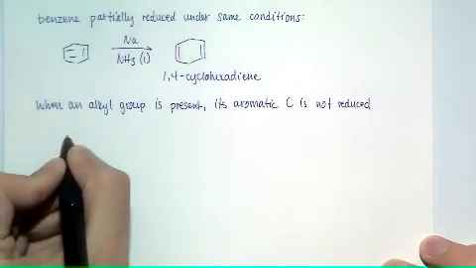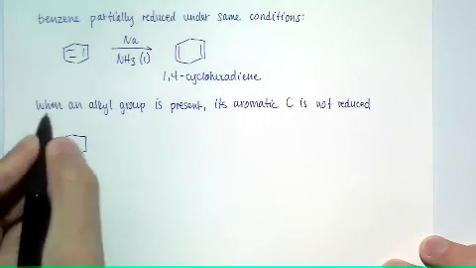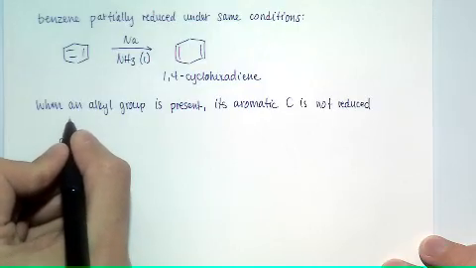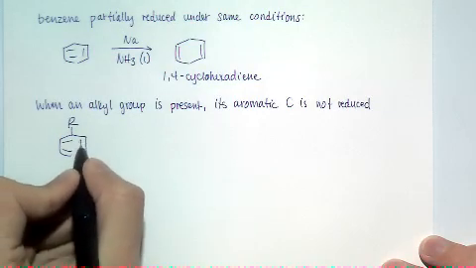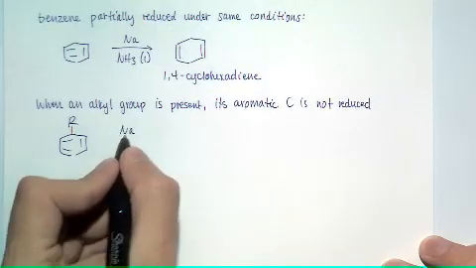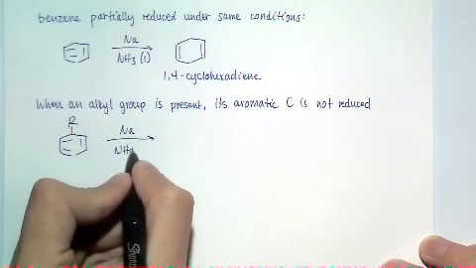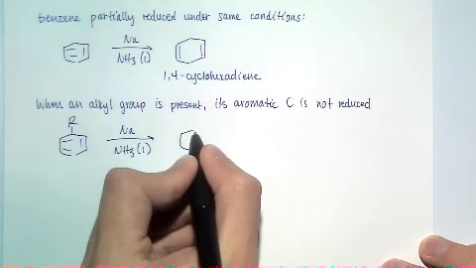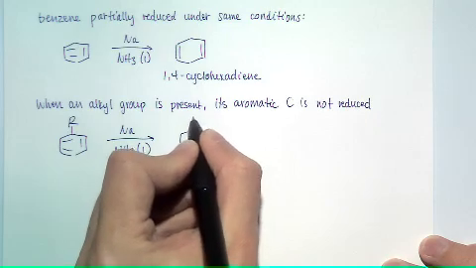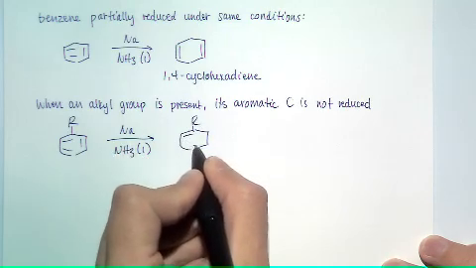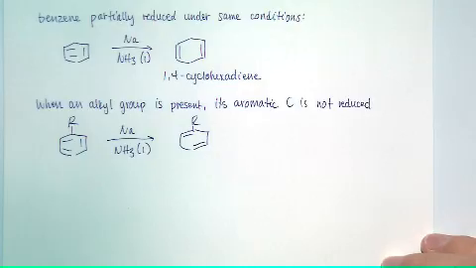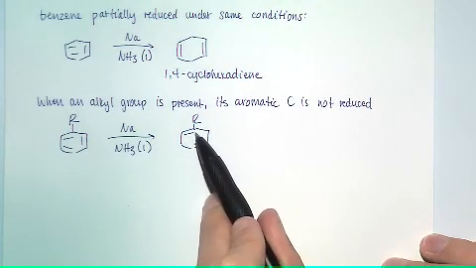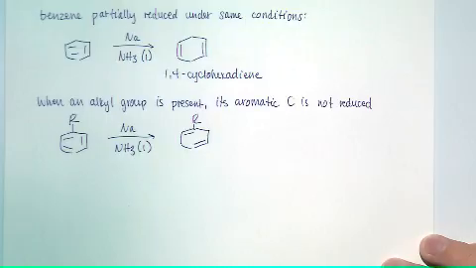That means that if we've got something on our benzene ring and you do the Birch reduction, we get that product where the R group is still on one of the carbons that's got a double bond instead of one of these two carbons here that has two hydrogens on it.